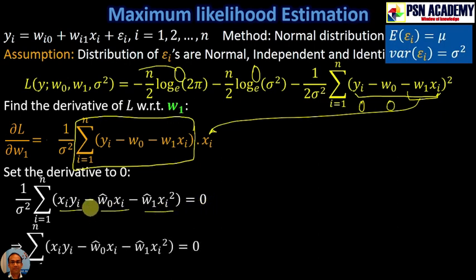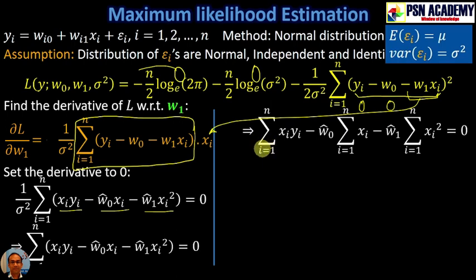Now out of these, the second term, that means this summation term, is set to 0, because the first term cannot be 0. So you push the summation inside as before. So summation of xi yi minus w0 hat summation of xi minus w1 hat summation of xi squared.